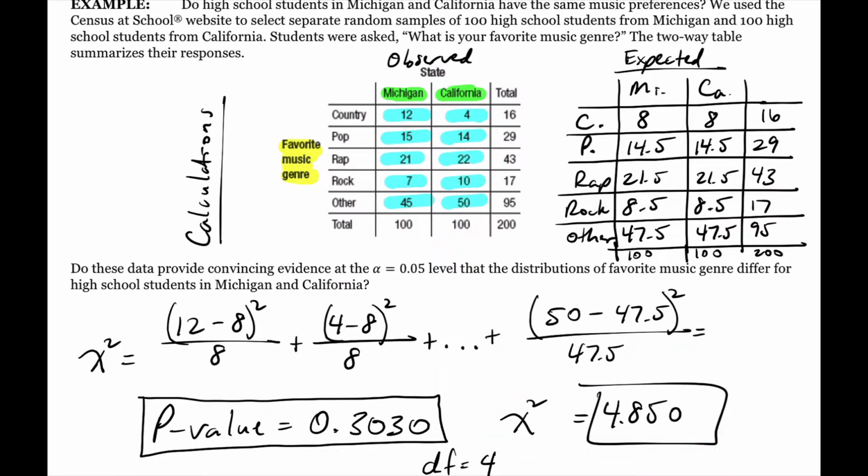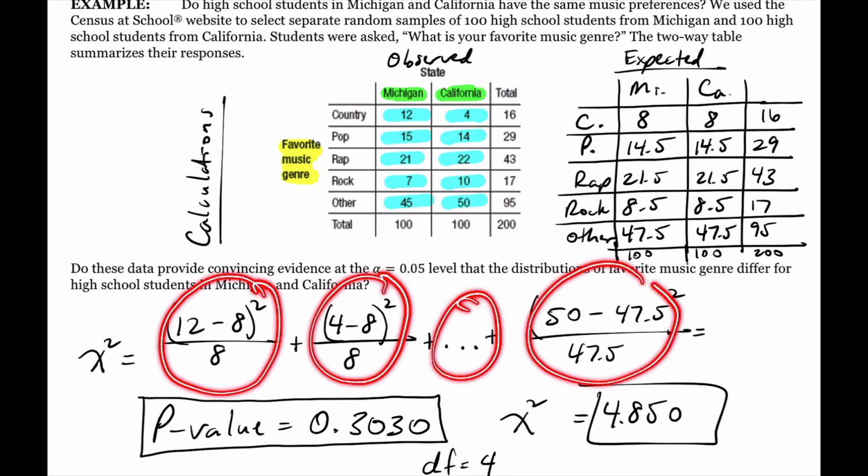So which cell or which test statistic, because each one of these is a test statistic, had the biggest influence or had the most amount of say in chi-square? How do we know? What do we look for? There you go. We're looking for the biggest number out of all 10 of these guys.